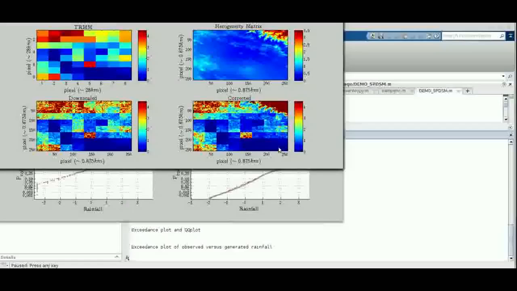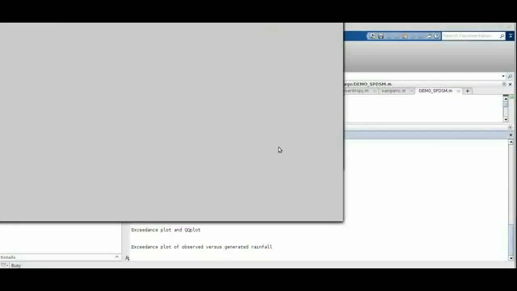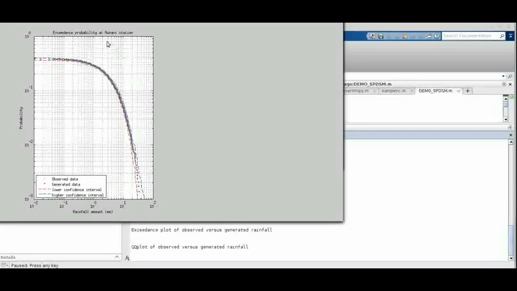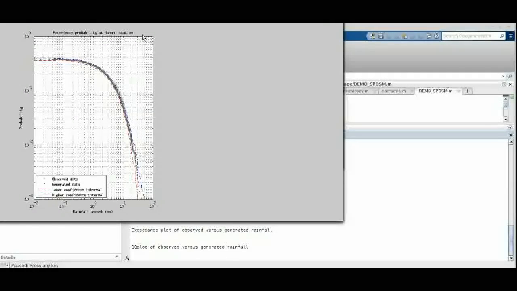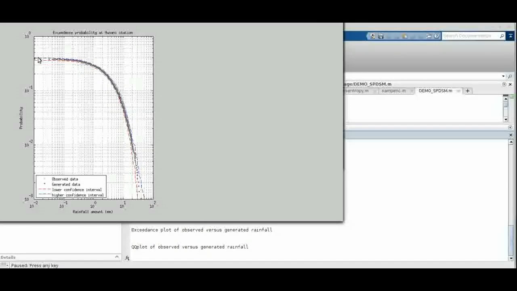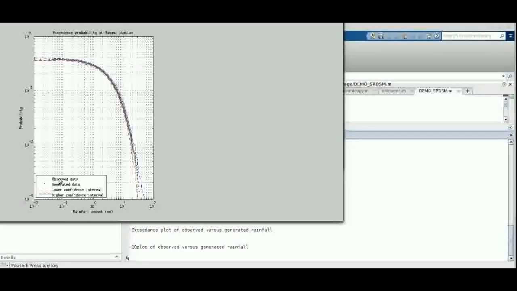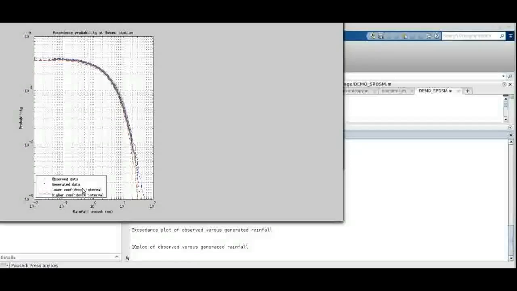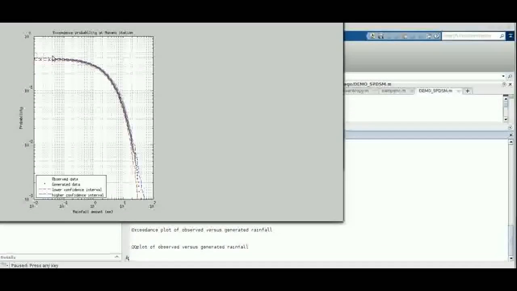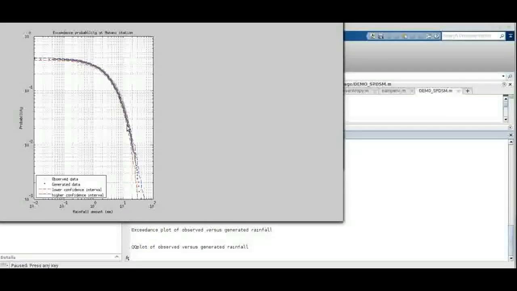So we pick a point. In particular, we are going to pick a point in the matrix of information in which Munani station is located. And what we do is construct the exceedance probability plot of the data measured at that station and the data generated by the downscaling procedure. We plot these two together and we find that there is an excellent match.